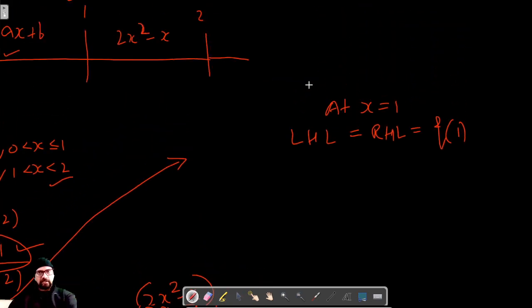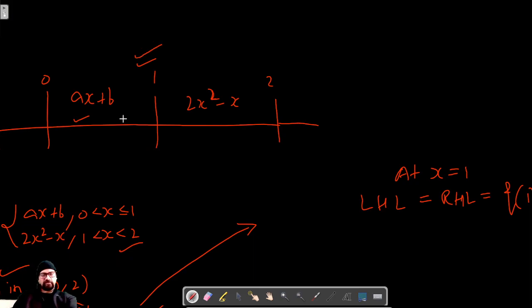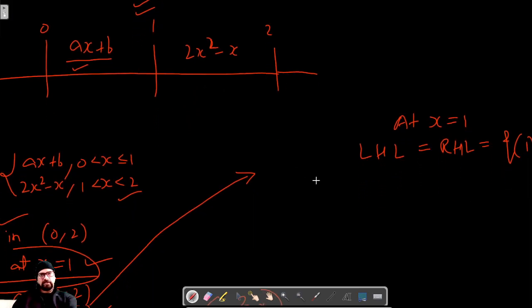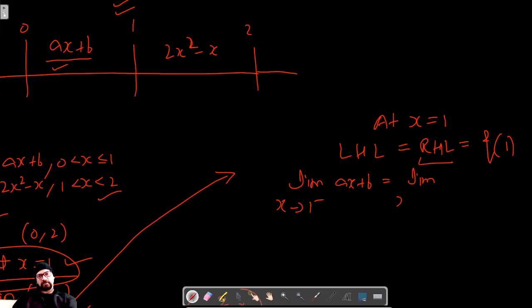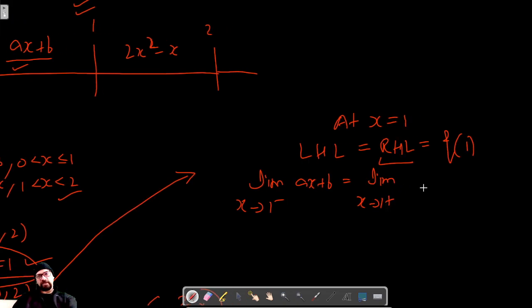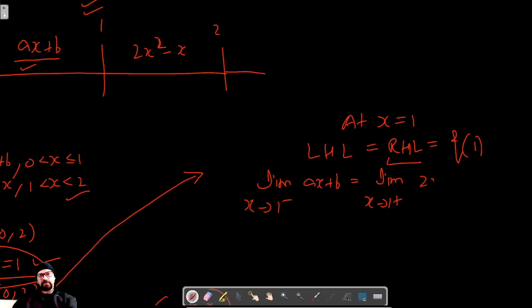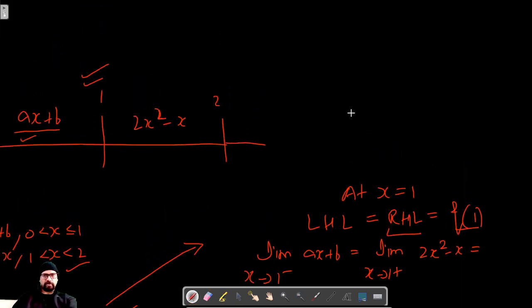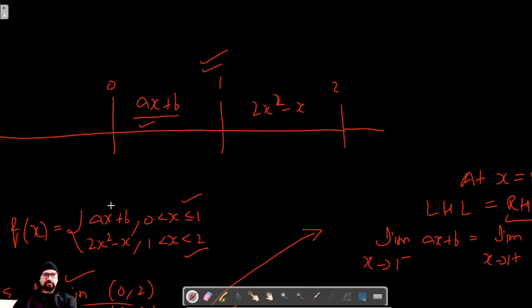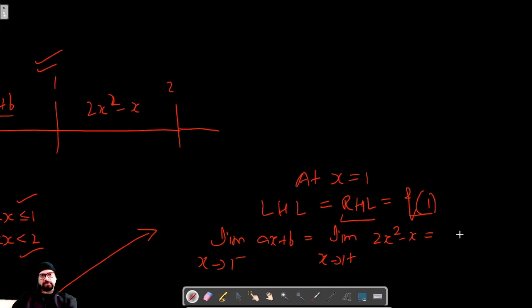Okay, now our function, at x is equal to 1, left hand limit will be limit x tends to 1 negative, and the function is ax plus b, and the right hand limit is limit x tends to 1 plus, and the function's value is 2x squared minus 1. Now the function value at x is equal to 1 is again ax plus b.